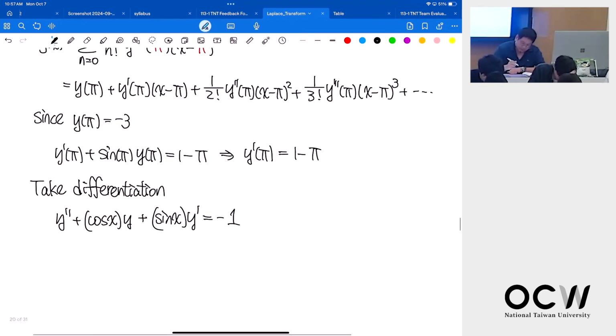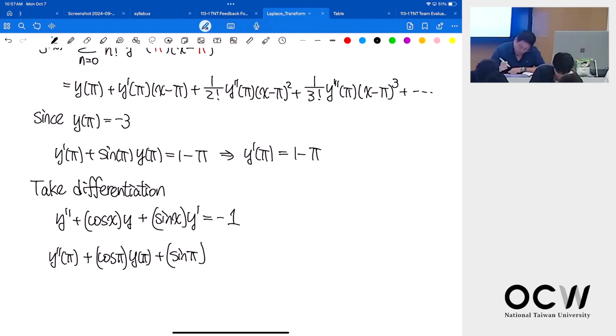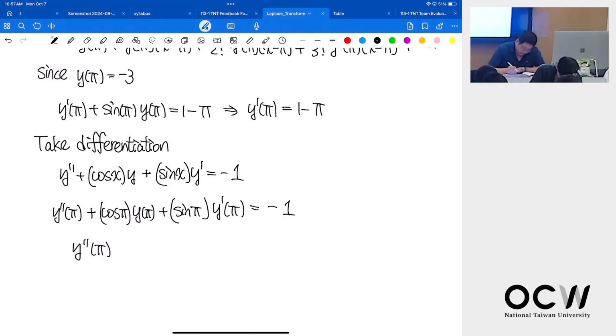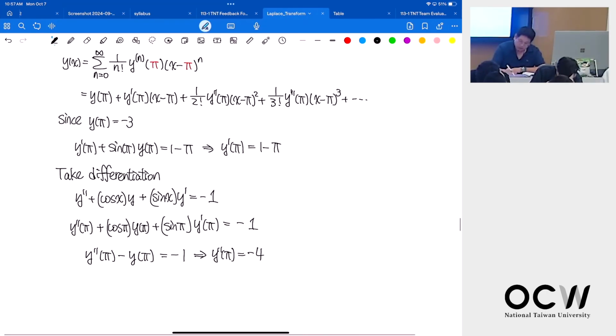Then put the pi here. So y double prime of pi plus cosine pi y of pi plus sine pi y prime of pi, that's -1. Then you get y double prime of pi minus y of pi equals -1. Then y double prime of pi will be -4. We found y double prime of pi.